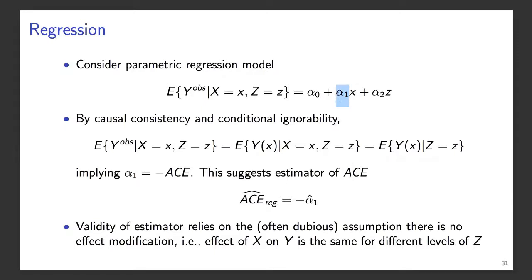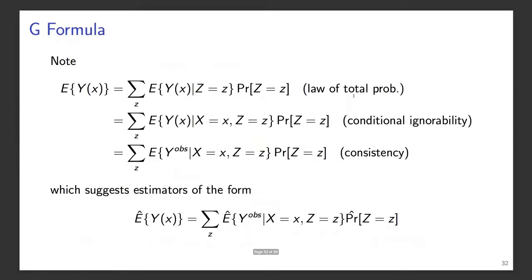In that case, alpha 1 would be interpreted as estimating the average causal effect for individuals whose covariates are equal to 0, whatever that means in your context. Otherwise, if you're looking for an approach to draw inference about average causal effect using regression, then one needs to use the G formula instead.